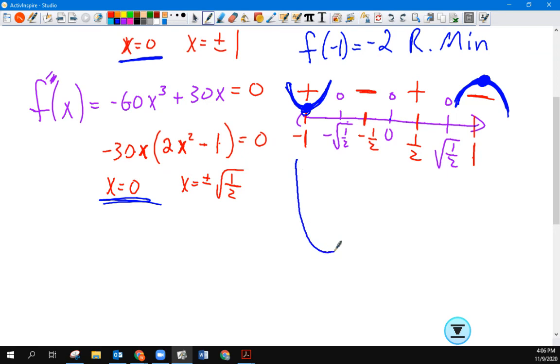It goes up like this. So that's my concave like that. Then it goes like this, then it goes like this, and then it comes back down. So this is your critical point here. This is your neither, and this is your maximum. It looks something like that. Okay, that's your second derivative test.